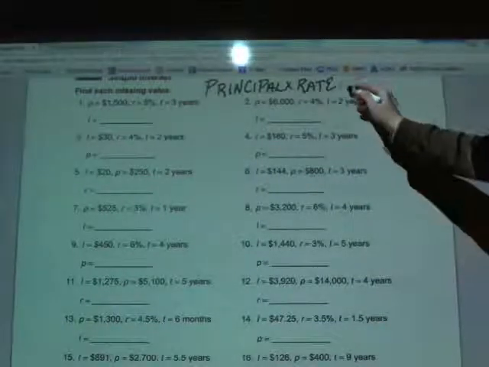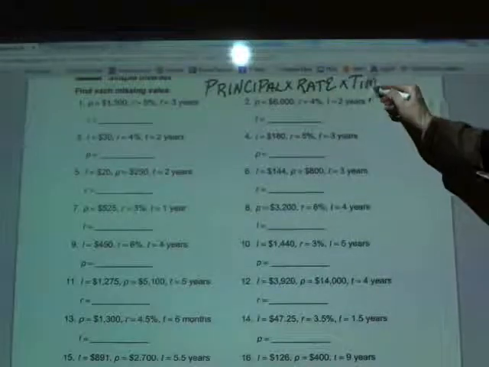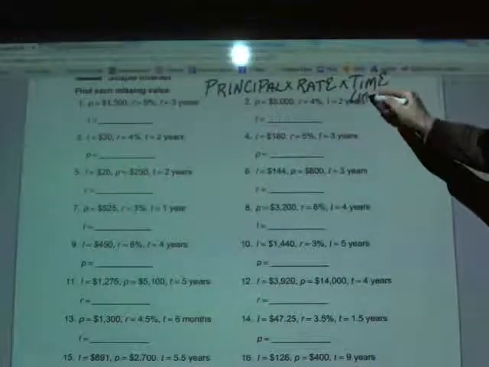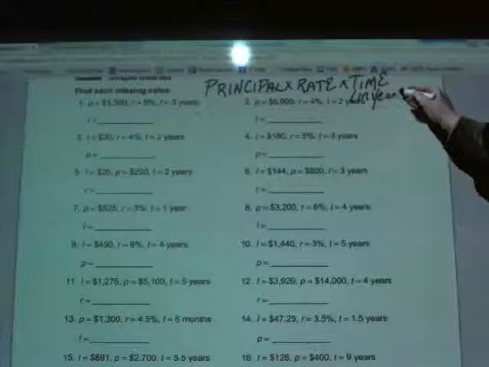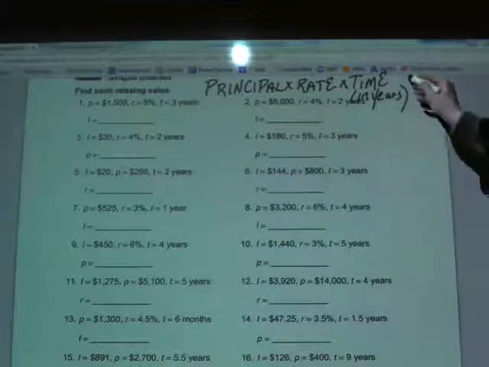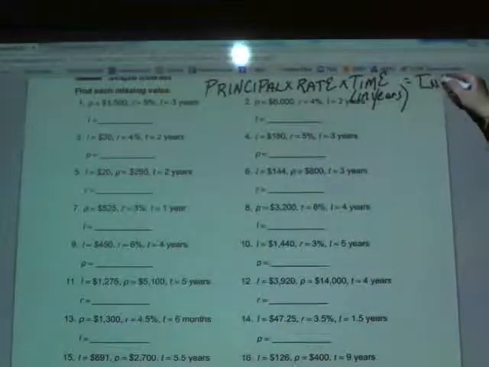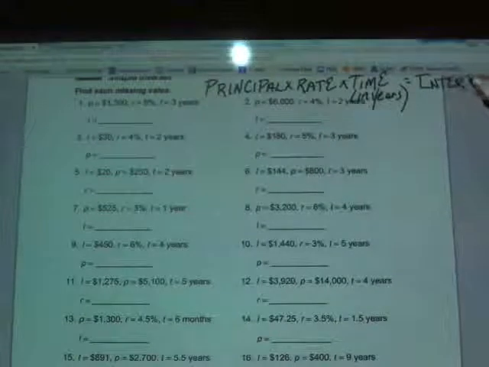And then multiply that by the time, and that time has to be expressed in years. That's going to equal the interest.